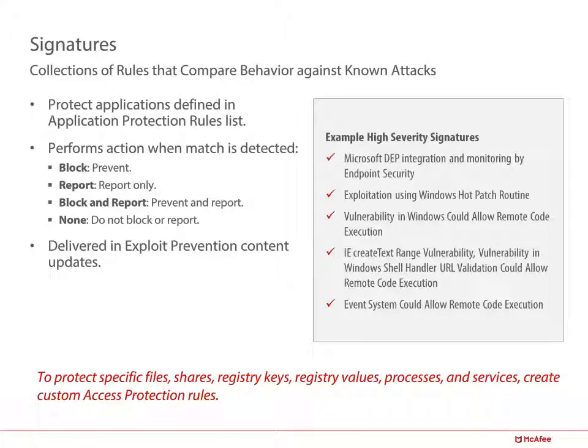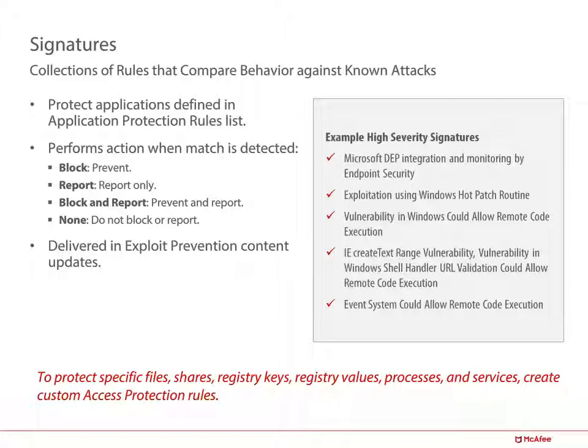The signatures section of the exploit prevention policy holds all the different rules that compare behavior against known attacks. This feature is what the IPS rules feature was for Host Intrusion Prevention. Basically, McAfee will give you new signatures in any of the exploit prevention content updates.